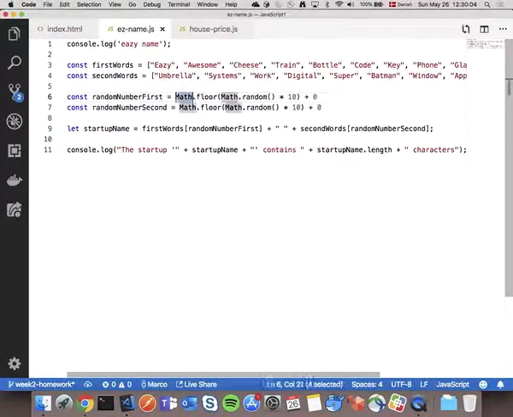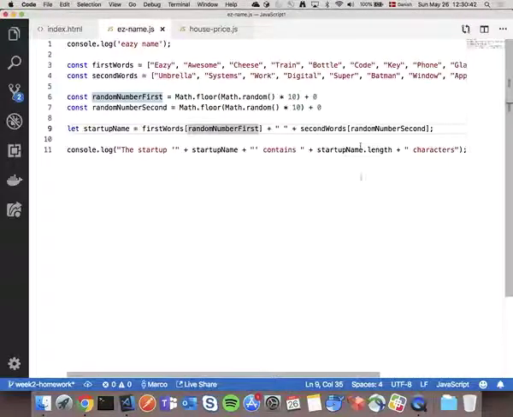I could have used this even inside where I'm making the name, which would be perfectly fine, but I prefer to have things outside so that if I need to change it, it has its own place to be changed. We mentioned last class that this is an array and this gives us a number, so this will print whatever position of that array, the index of the array.